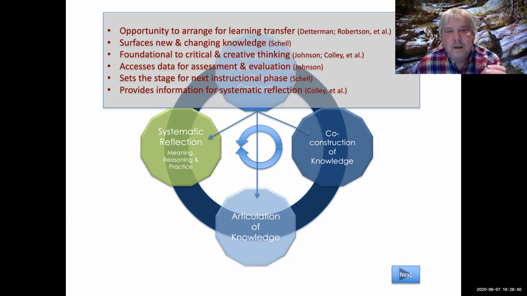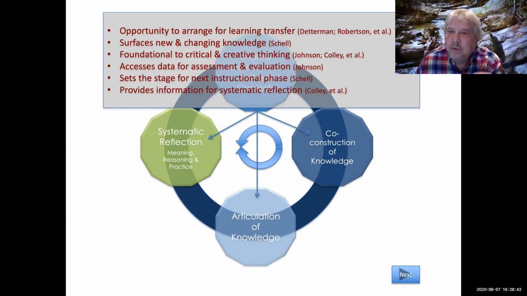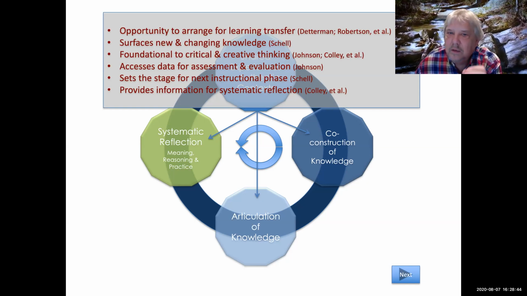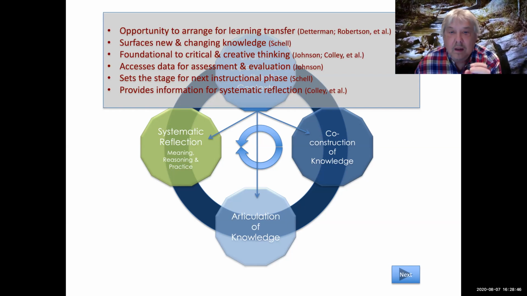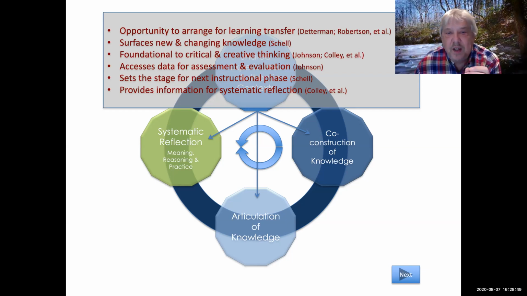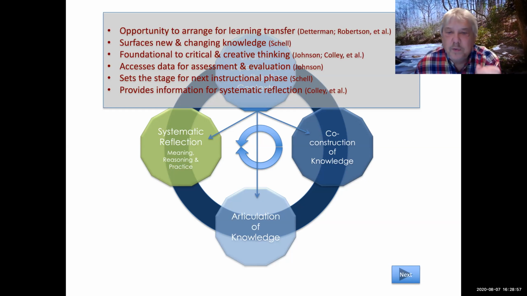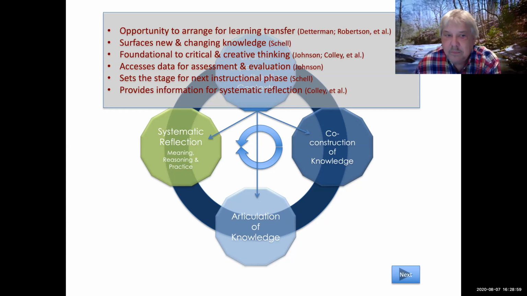And it is functional, critical, and creative thinking. It gives us data for assessment, and I'll talk more about assessment a little bit later in the class. And it sets the stage for the next instructional phase.